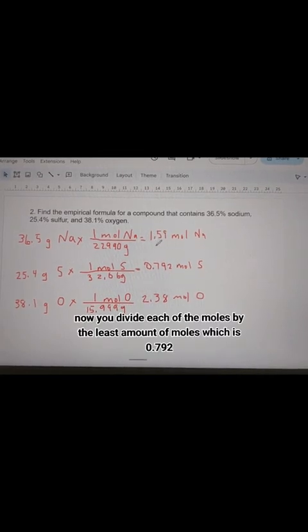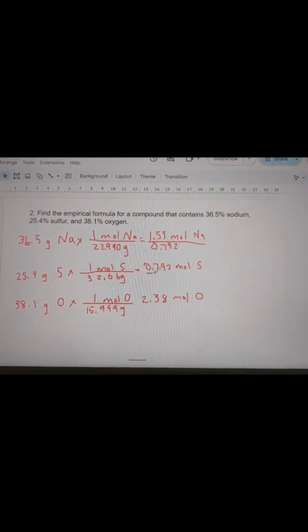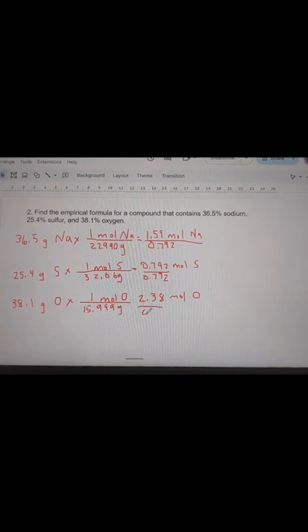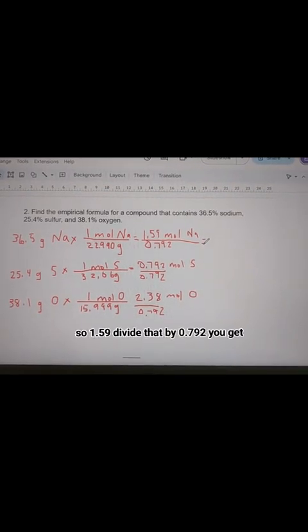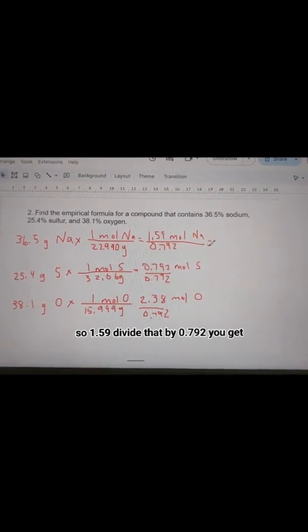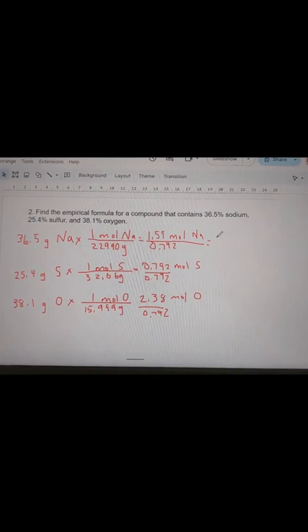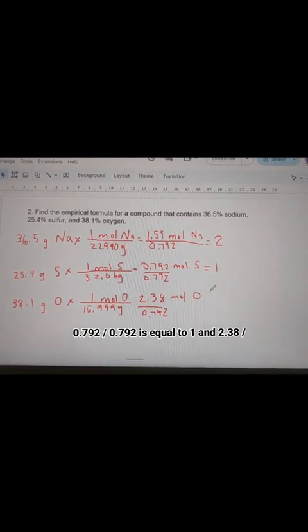Now you divide each of the moles by the least amount of moles, which is 0.792. So 1.59, divide that by 0.792, you get 2. 0.792 divided by 0.792 is equal to 1.